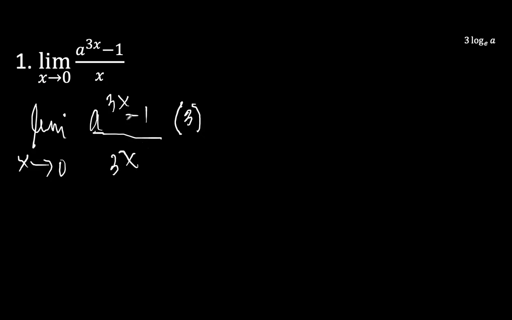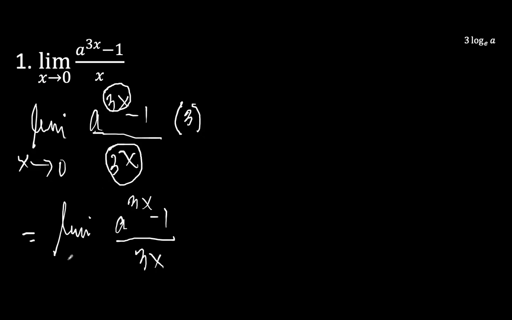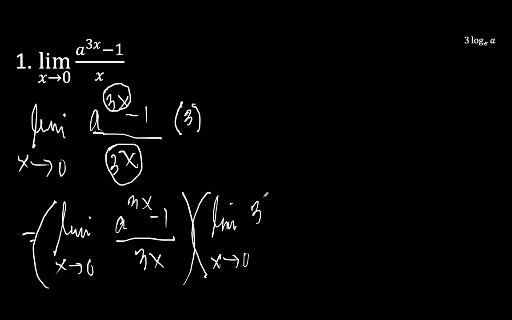All right, so here we can now apply the limit since the exponent is now equal to the denominator. Okay, so we have the limit of a raised to 3x minus 1 all over 3x as x approaches 0, times the limit of 3 as x approaches 0. So here, let's solve. Based on theorem number 1, what is the limit of a raised to 3x minus 1 all over 3x as x approaches 0?